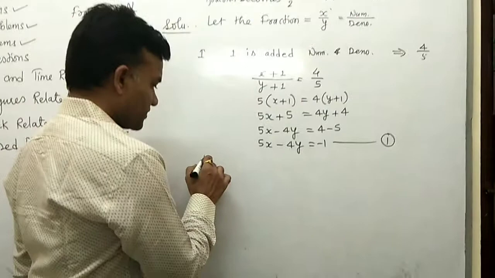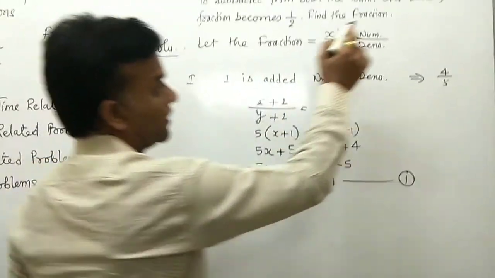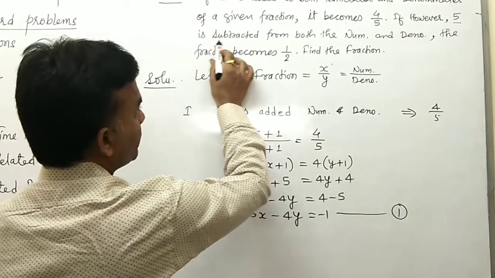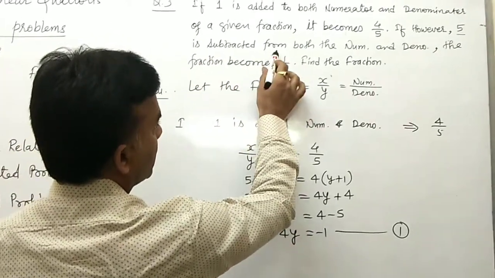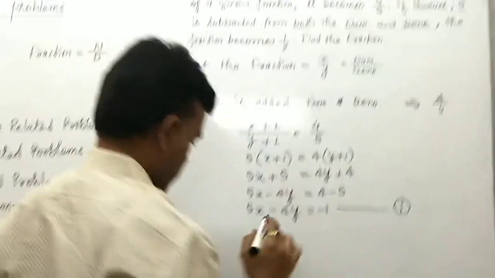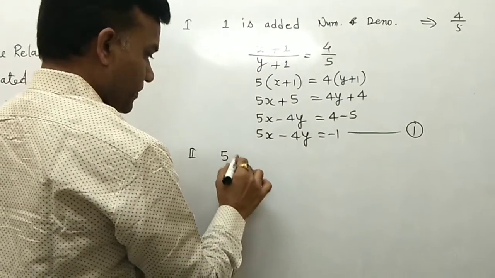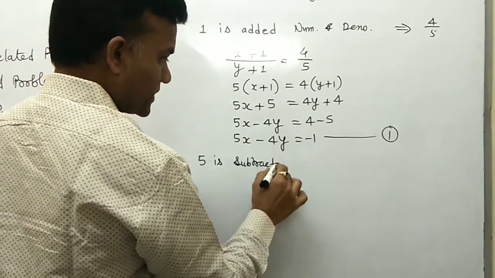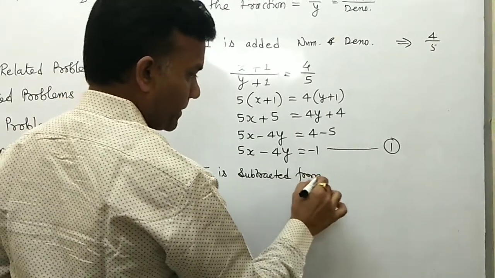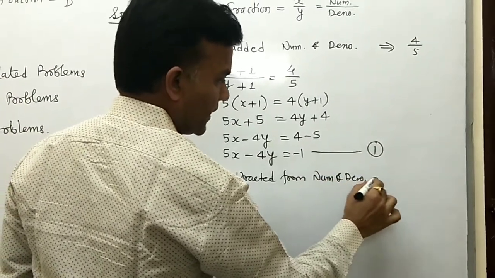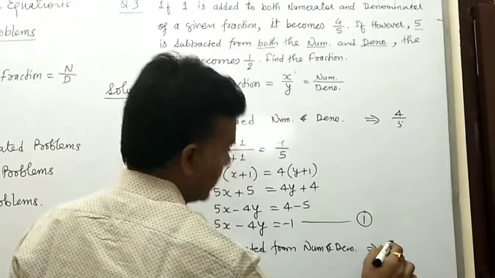Now what is the second condition? The second condition is: however, 5 is subtracted from both numerator and the denominator. So you write down here, 5 is subtracted from numerator and denominator, then it becomes 1 by 2.